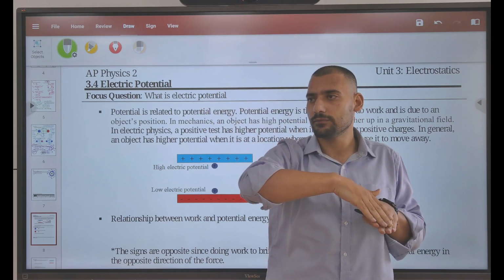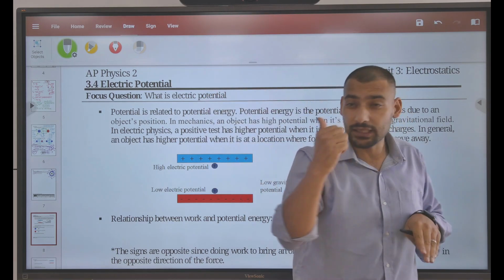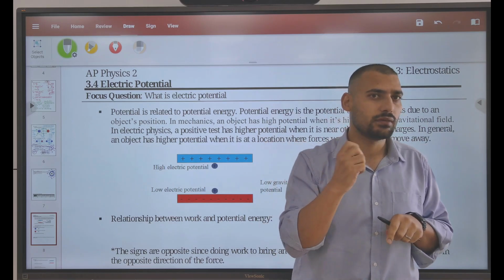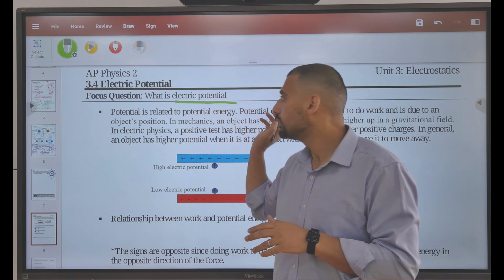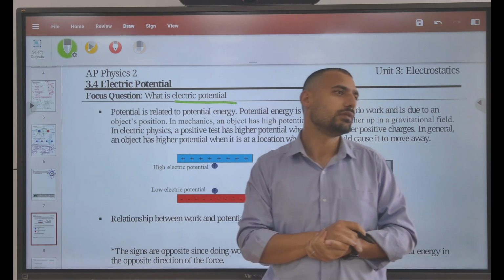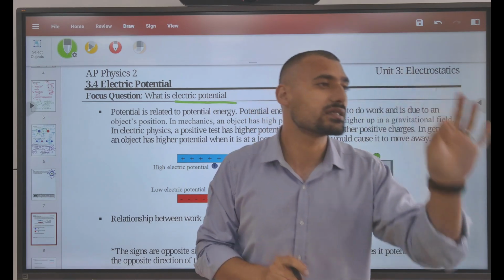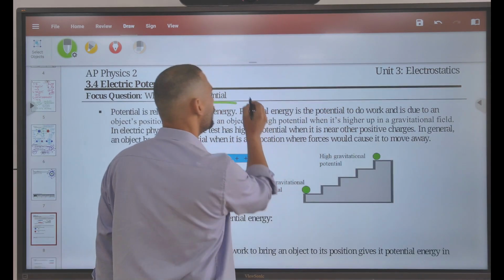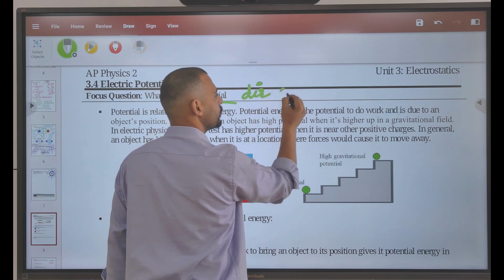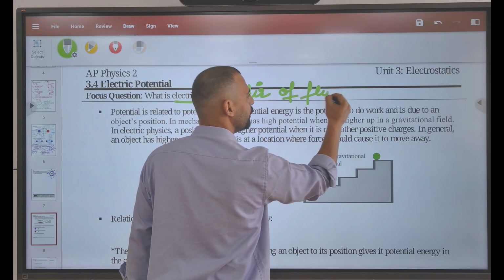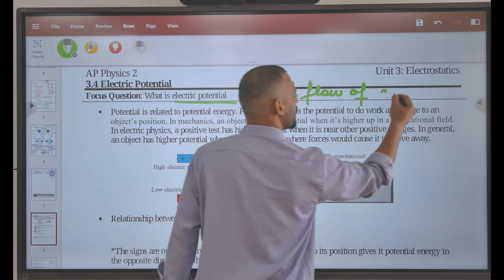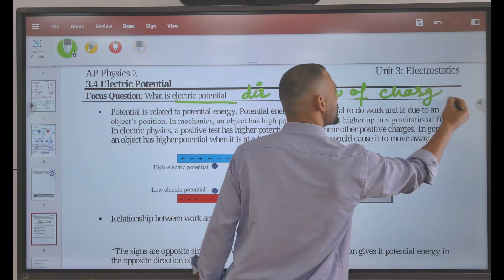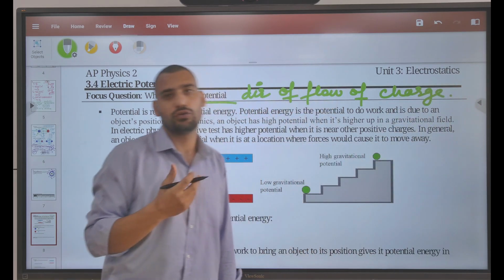Similarly, in electrostatics, there is a term called potential. What does this potential do? It helps you to understand the direction of the flow of charge. From which point will the charge flow?